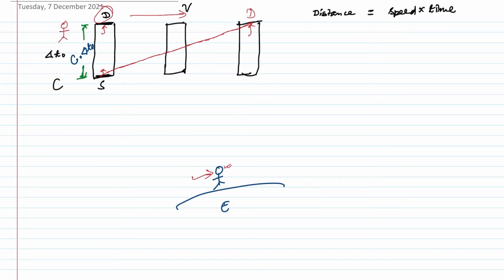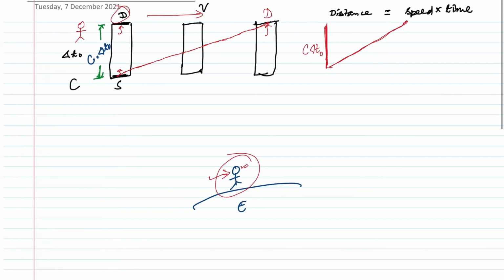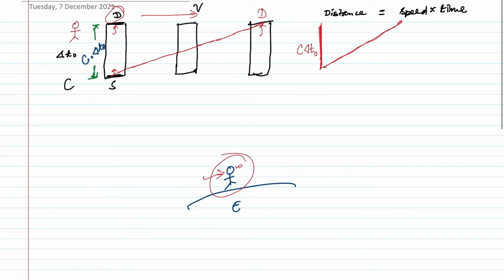So what we have got is two distances. This distance, c delta t naught, was observed by the observer in the space, and this distance is observed by this observer. I have drawn the path here inside.